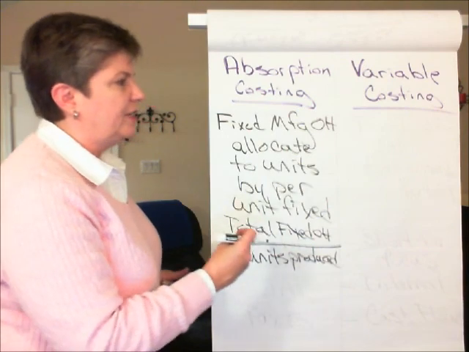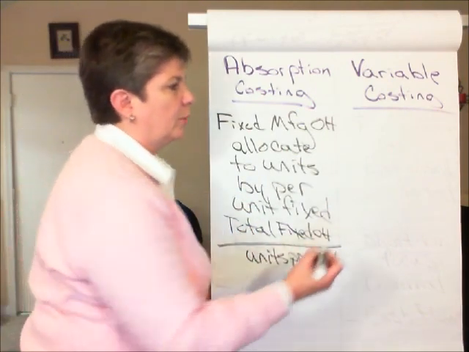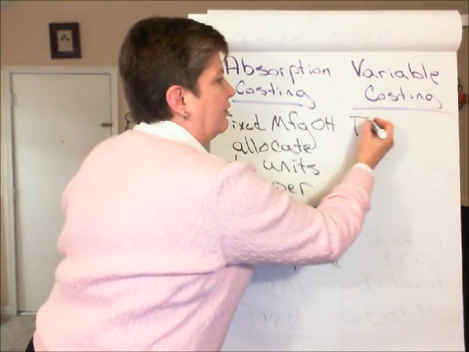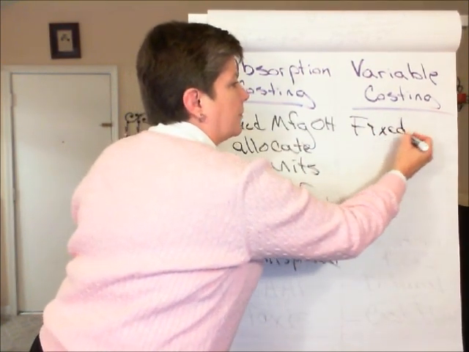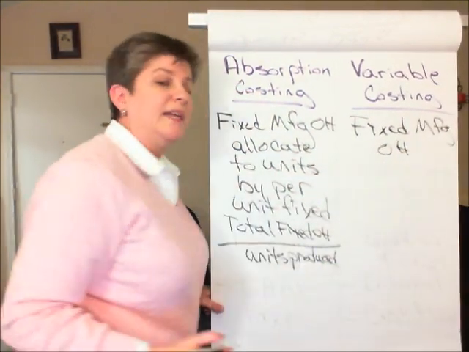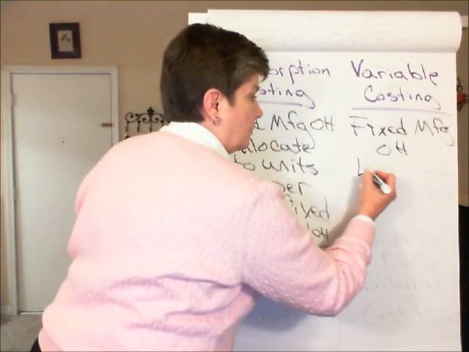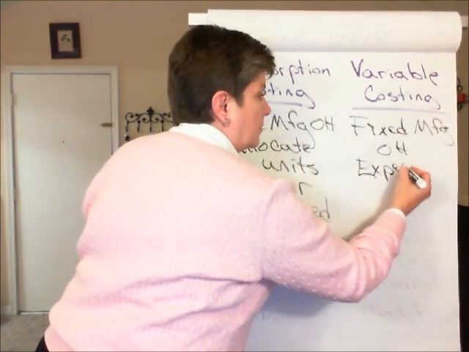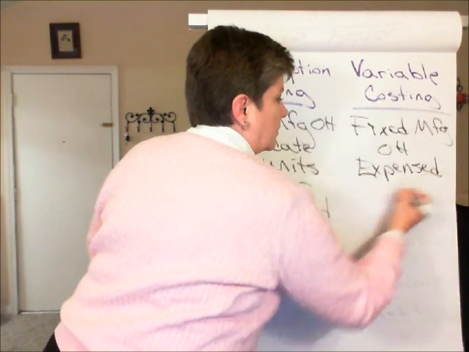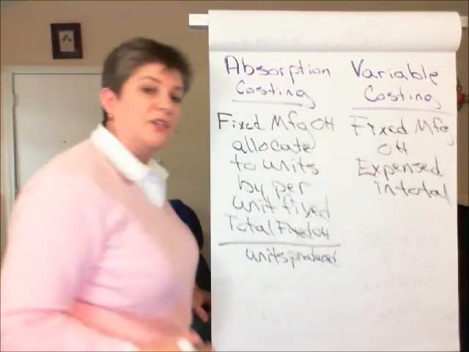Now, how does this differ from variable costing? Well, under variable costing, the fixed manufacturing overhead is expensed in total.